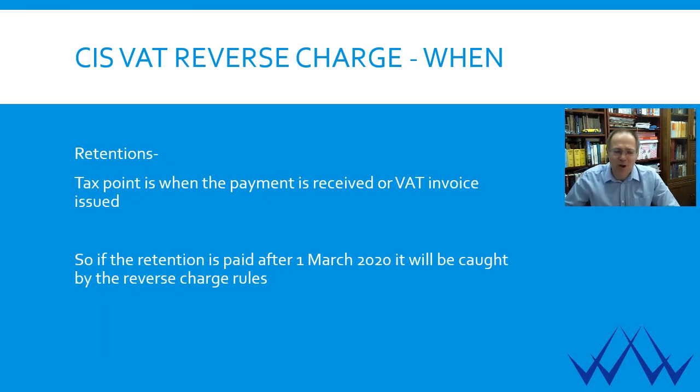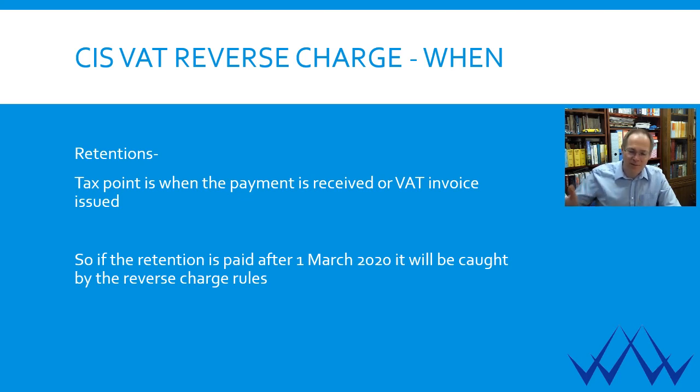What about retentions? It's common in the construction industry for there to be retentions. Well, the tax point for retentions is always when the payment is received or the VAT invoice is issued. So if you had a contract that was done in, let's say, December 2020, and you raised VAT in the normal way at the normal rates, but the retention paperwork is not sorted out until, let's say, May 2021, the subcontractor would be correct in charging VAT on the invoice that was raised in 2020.